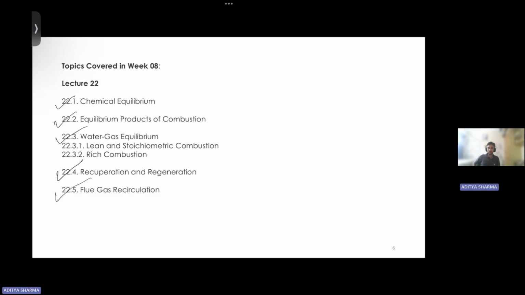So this flue gas recirculation is commonly seen in boilers, and then there is also exhaust gas recirculation, where the whole exhaust gas is recirculated. So this type is used in automotive engines. Okay, so this is your discussion on flue gas circulation.